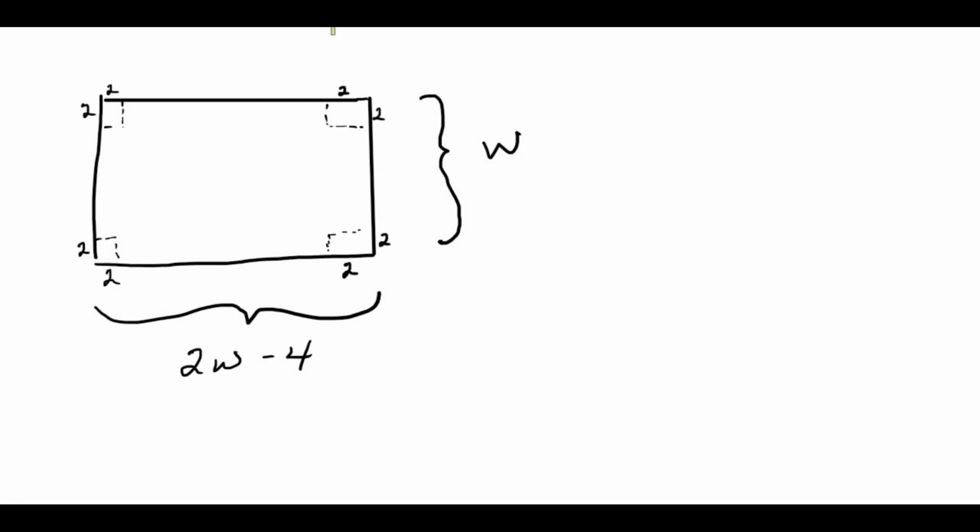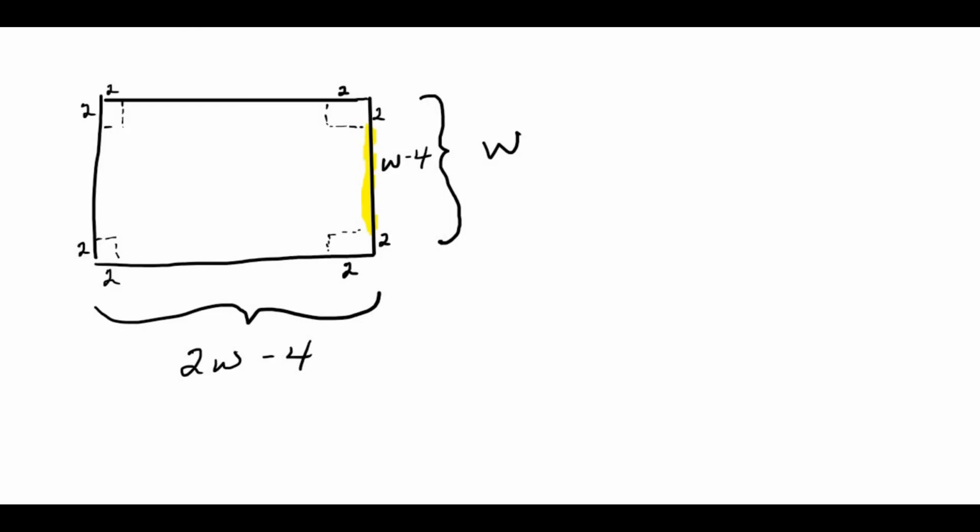Now, if I look at just this part here that I am highlighting yellow, I know that its length is going to be W minus 2 because I'm taking 2 inches off on each end. So that length is going to be W minus 4.